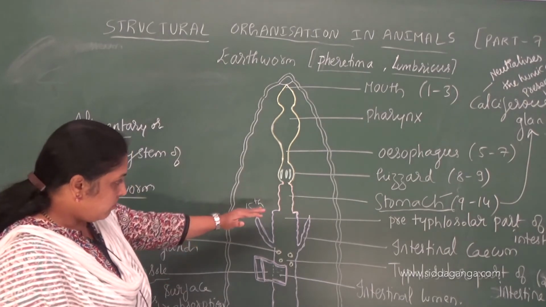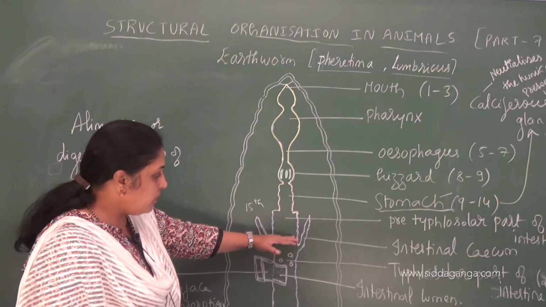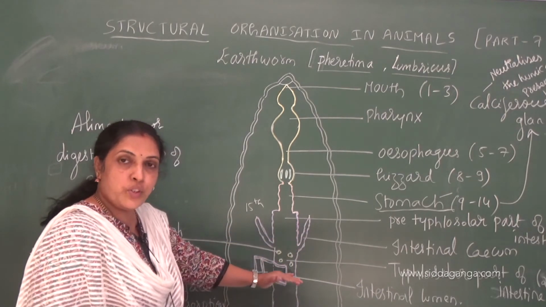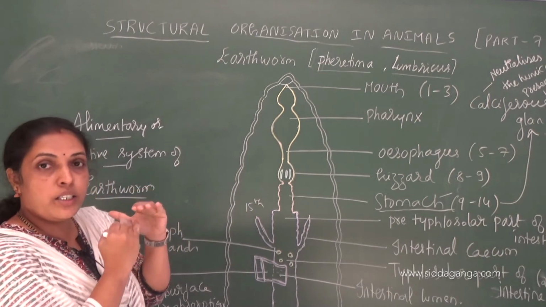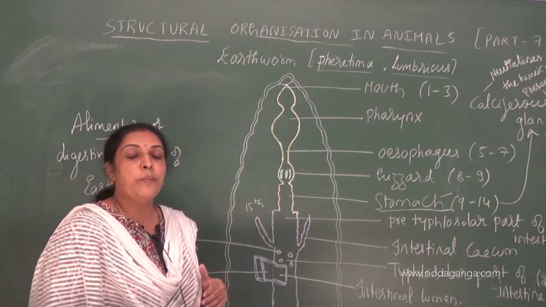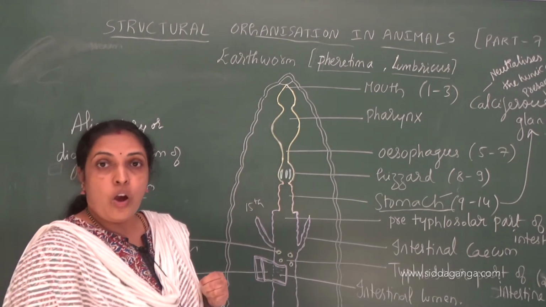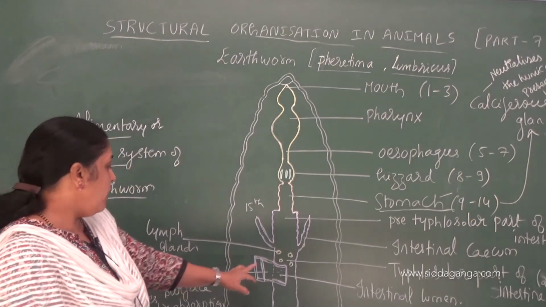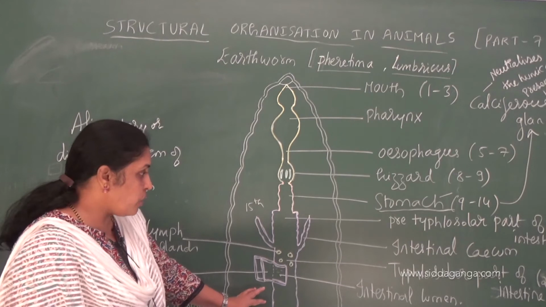So the intestine is divided into the pre-typhlosolar part and the typhlosolar part. In the typhlosolar part, the dorsal side folds and shows internal foldings. These internal foldings increase the surface area for absorption. Two pairs of lymph glands are seen in the typhlosolar part.